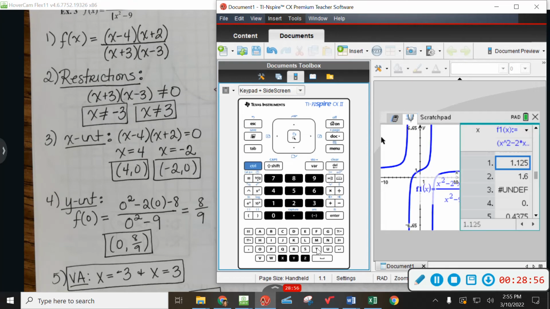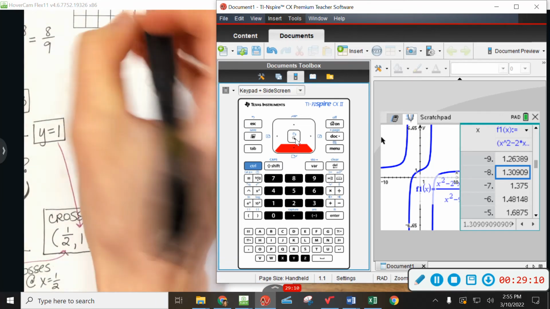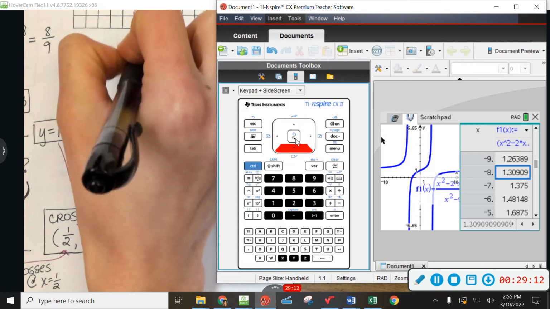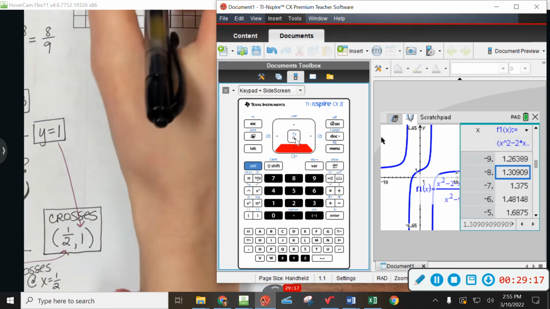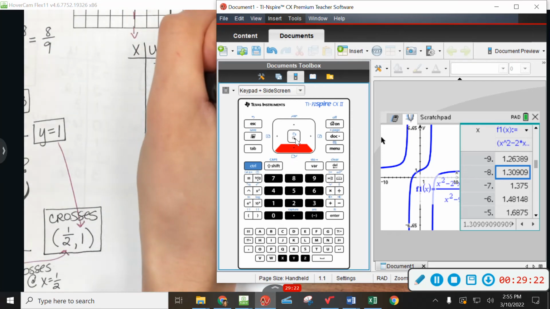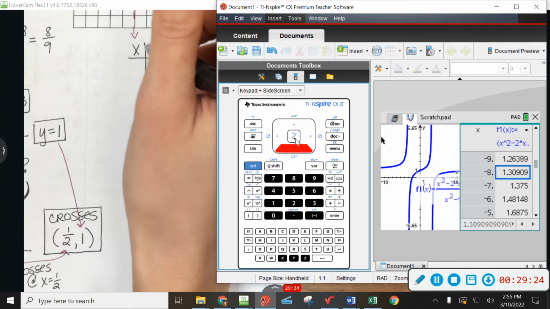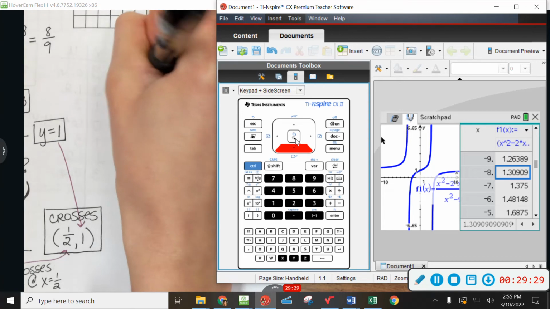So for your table, I'm going to go as far left as I can. So the very edge of my graph is 8, negative 8. So I'm going to just do negative 6, and that gives me 1.5.